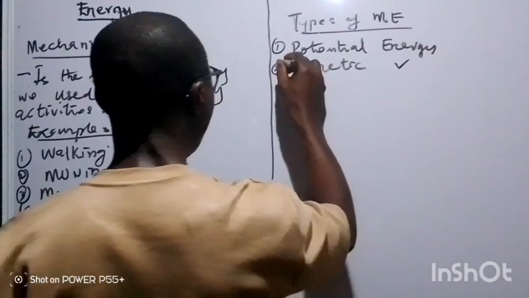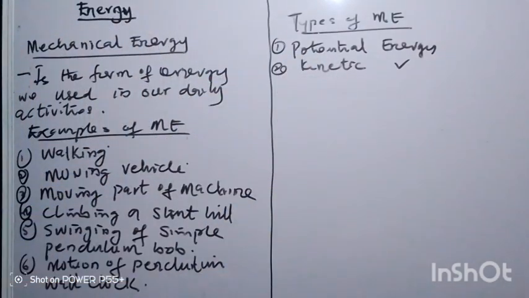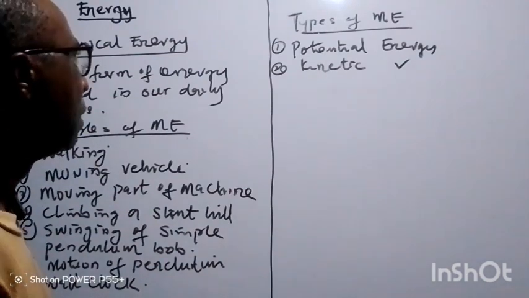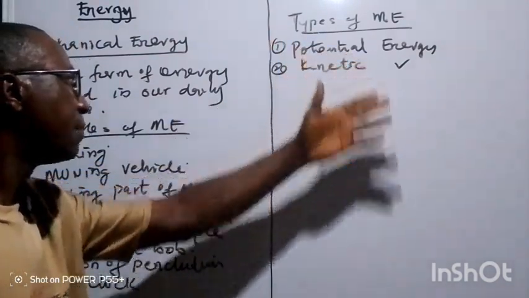Don't forget, we discussed this one in our last lesson. And that is why, if you are just joining us, to understand this topic better, please try as much as possible to watch our last video on energy so that you are able to understand this one. So these are the 2 types of mechanical energy now.